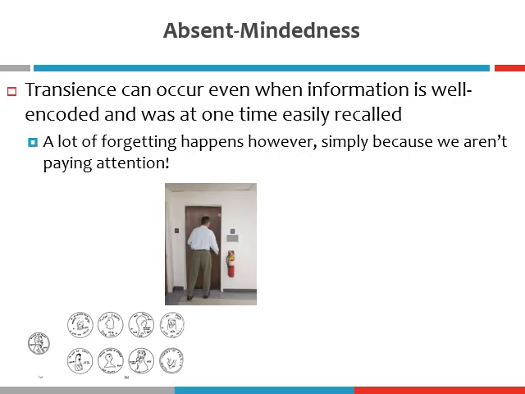But even in cases where the information is fairly important, oftentimes we still don't pay attention. So this example comes from an experiment that one of my advisors in graduate school did.